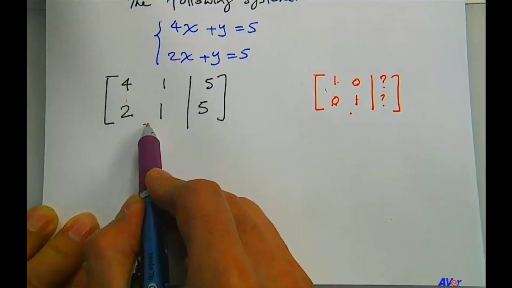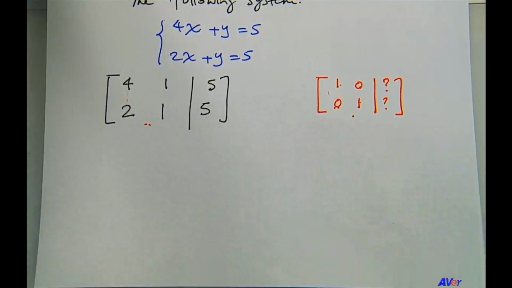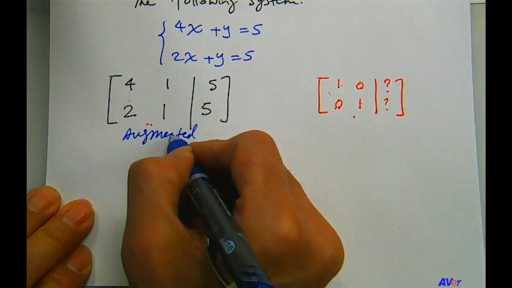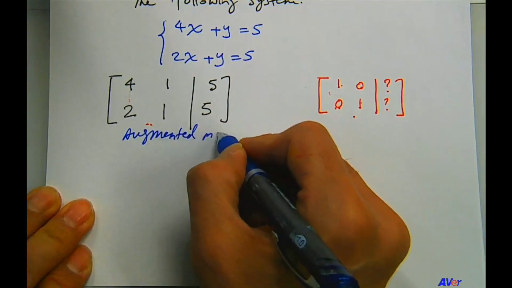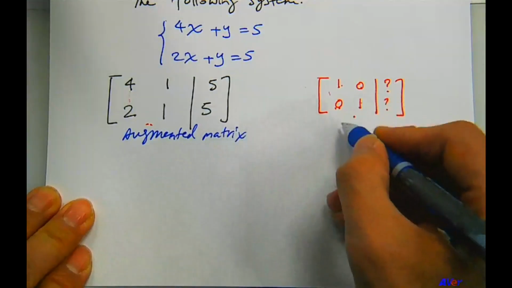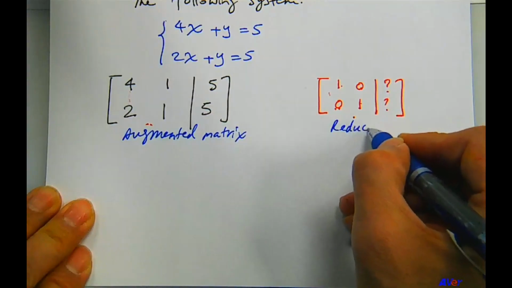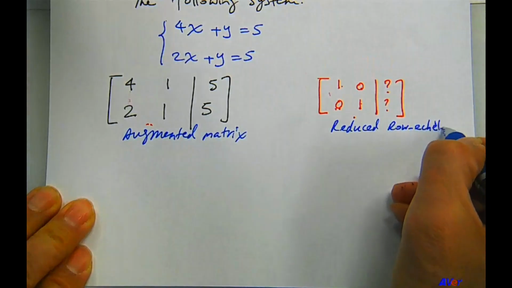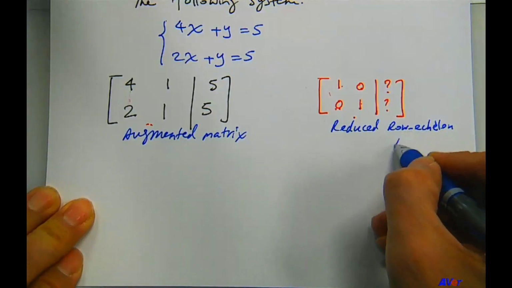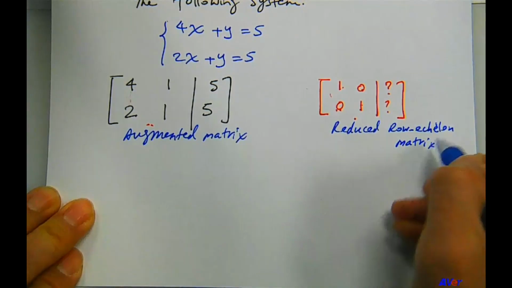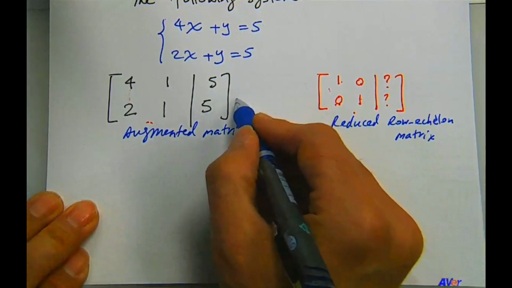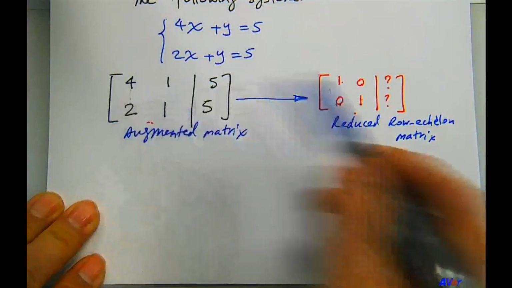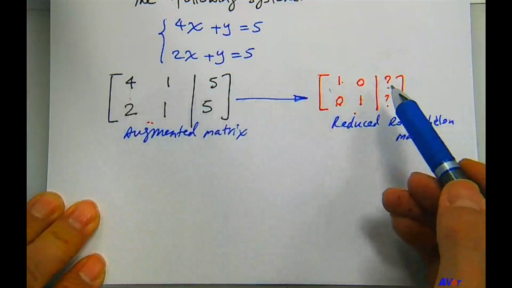In going from the augmented matrix to the reduced row echelon form, I'm going to label these. So this is the augmented matrix, and this is the reduced row echelon matrix. In going from here to here, we obtain this column by column.